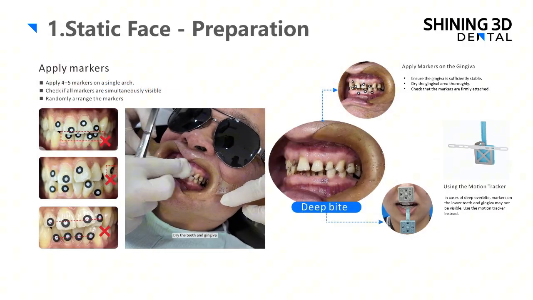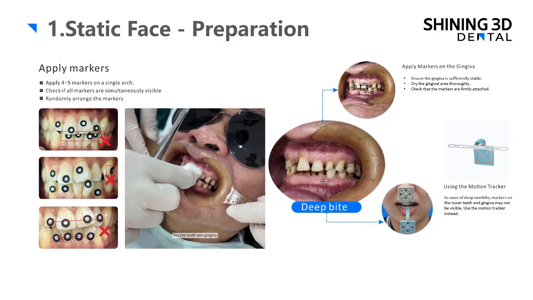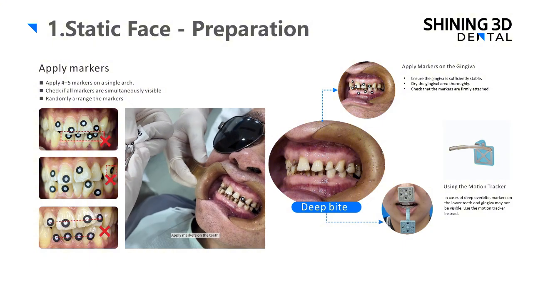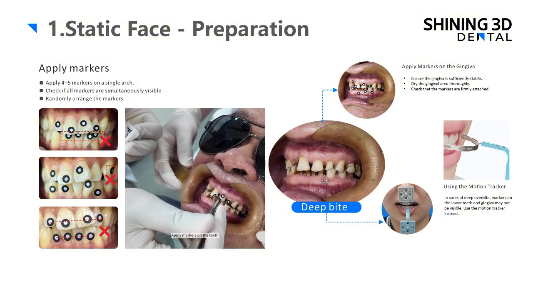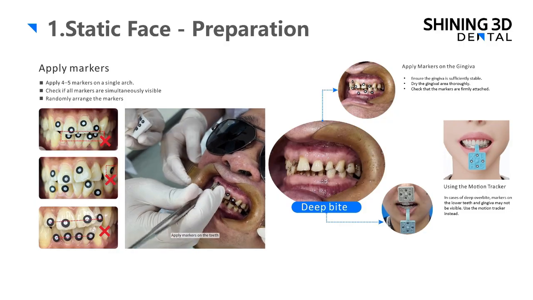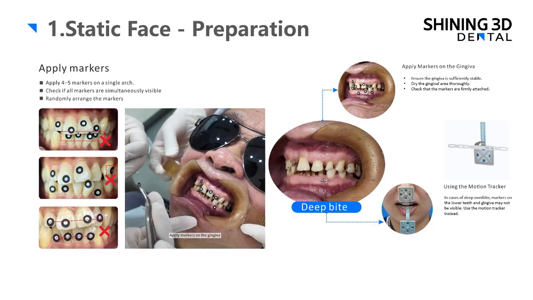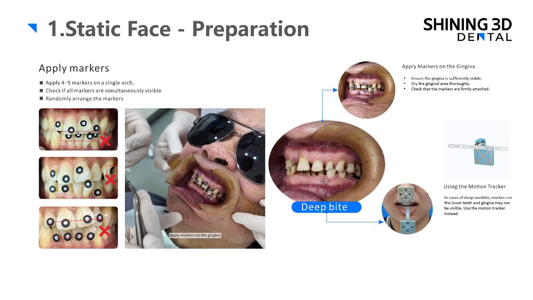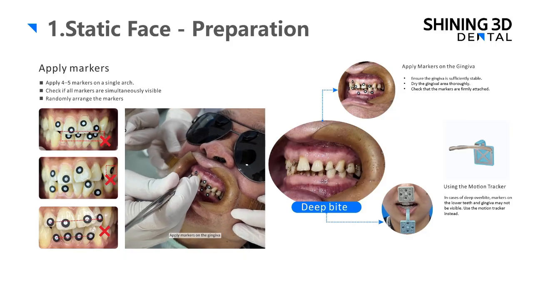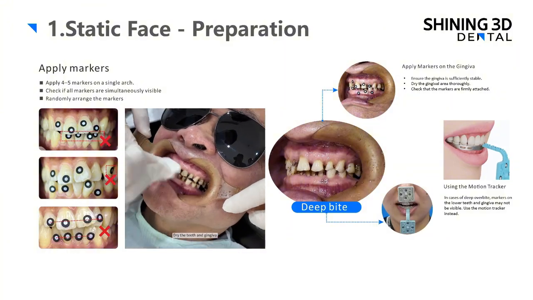To put the overview in more detail, the first step is the static face scan, which is the preparation stage. For this patient, the dentist chose to apply markers directly on the patient's upper and lower jaw, not just on the teeth surface, because as you can tell, some of the markers are put on the gingiva area. Just make sure the gingiva is as dry as possible in order to make the markers stick firmly on the surface.